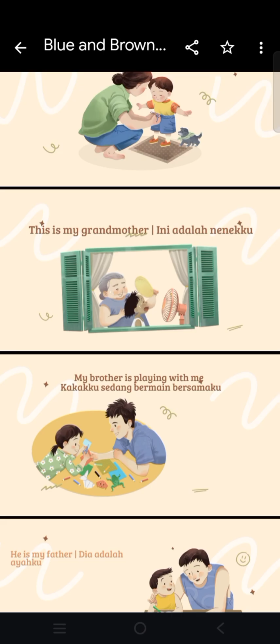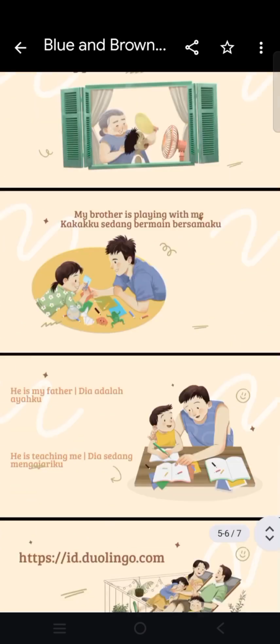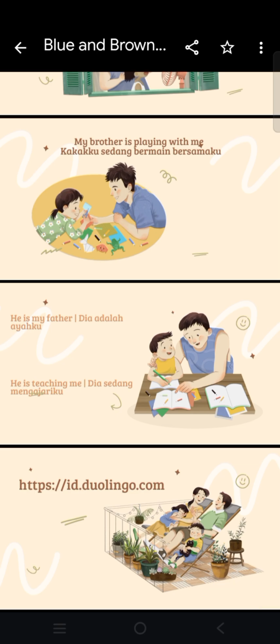Artinya, kakakku sedang bermain bersamaku. And then the last example, he is my father. Dia adalah ayahku. Say again, he is my father. Apa yang sedang dilakukan ayah? He is teaching me. Artinya, dia sedang mengajariku.